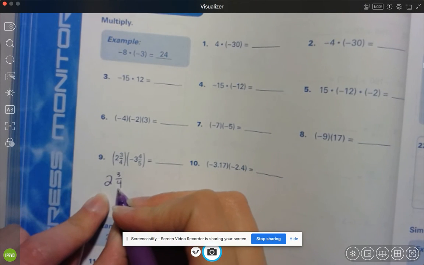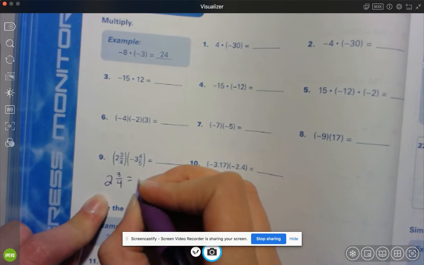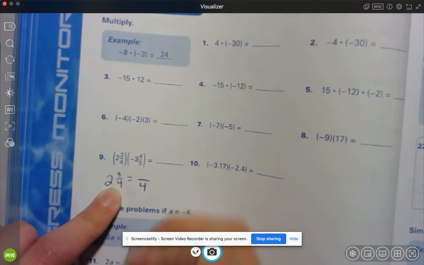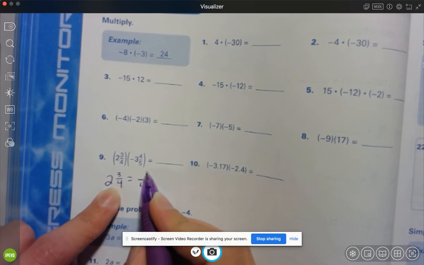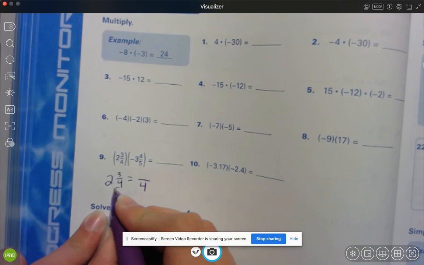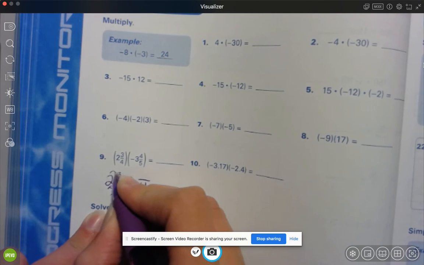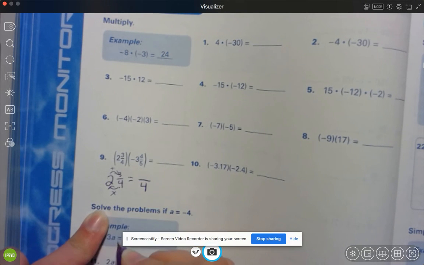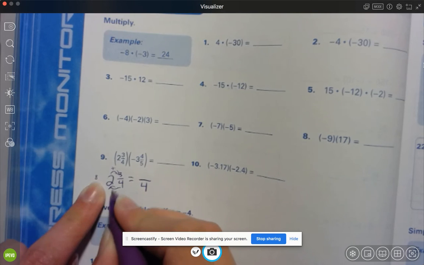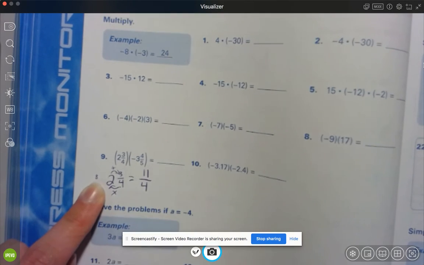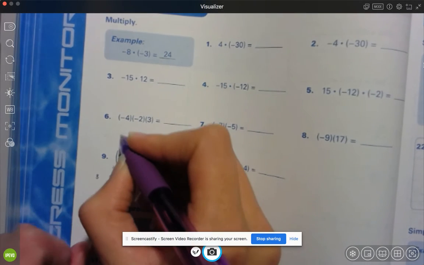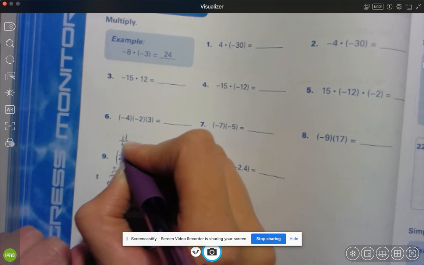To write this as an improper fraction, I'm going to keep this denominator. So I know it's going to have a denominator of 4. To find my numerator, I do 4 times 2, which is 8, plus 3. So 2 times 4 is 8, plus 3 is 11. So 2 3/4 would be 11 over 4.